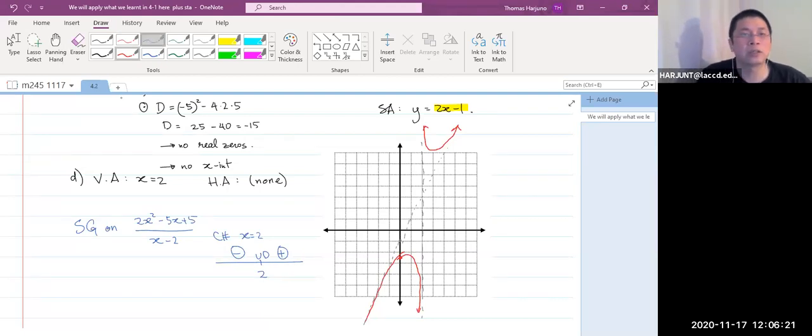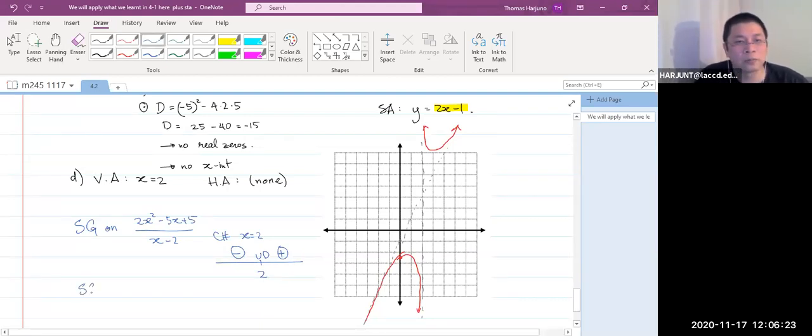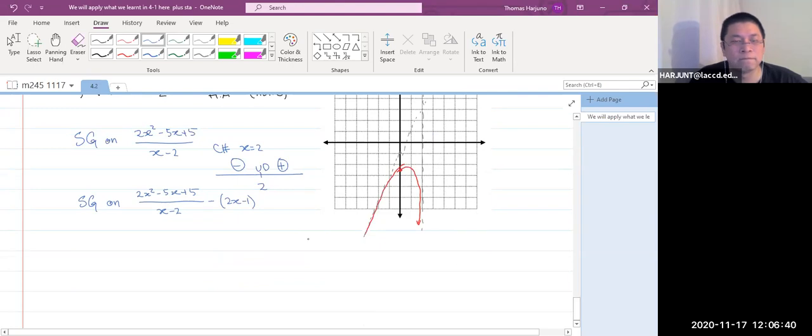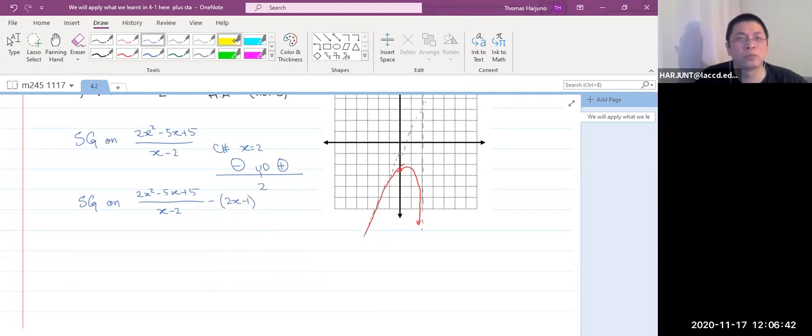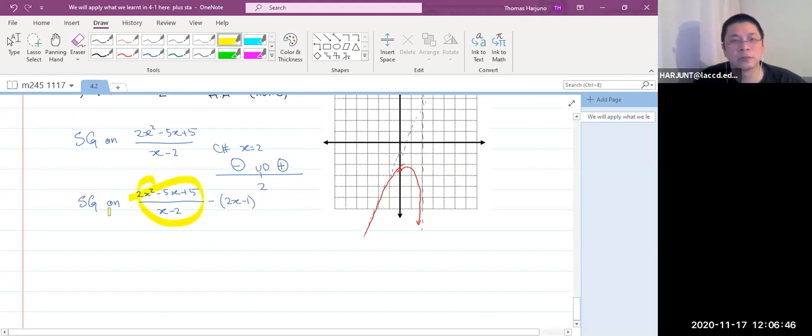So how about the sign graph on the slant asymptote? So (2x squared minus 5x plus 5) over (x minus 2) minus (2x minus 1). This is the rational function, and this is the slant asymptote.